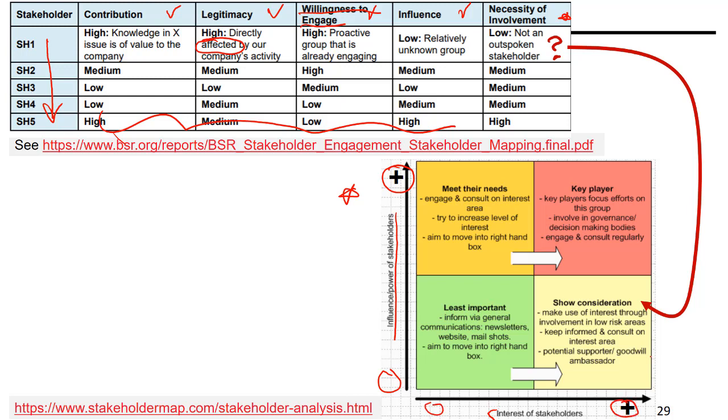So then we have this 2x2 matrix. If they have high influence and high interest, they are the key player. And for the key player, we need to get them involved in the decision-making process. We want to engage and consult them.